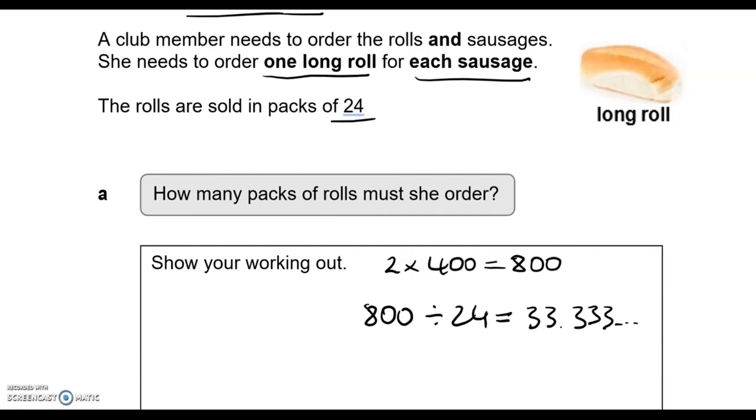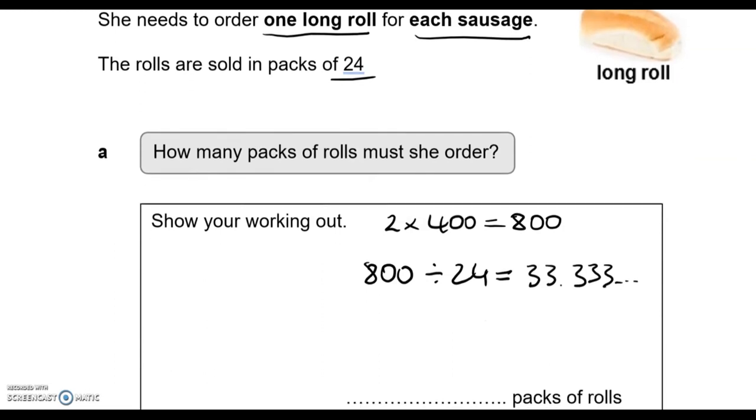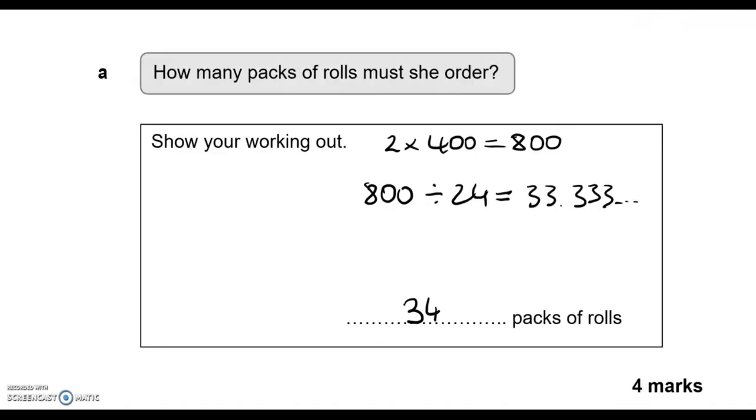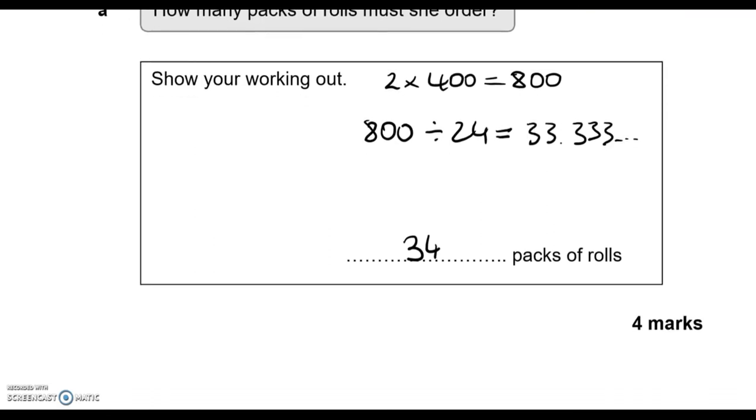So the 3 is recurring, and of course you can't buy 33 and 1/3 of a pack, so we're going to buy 34 packs. Or we'd better say she's going to buy 34 packs.